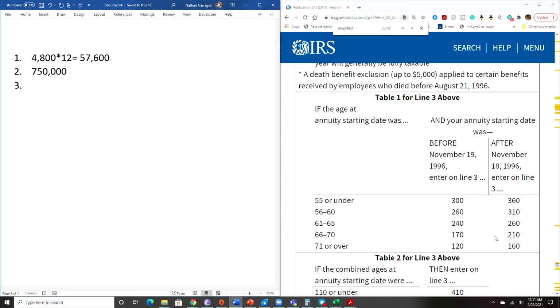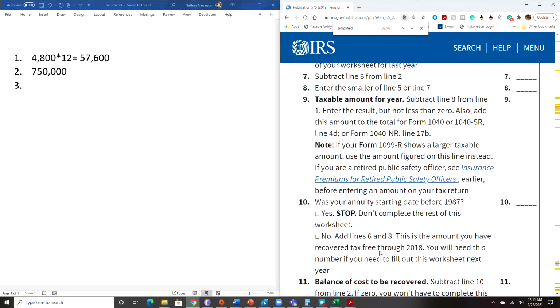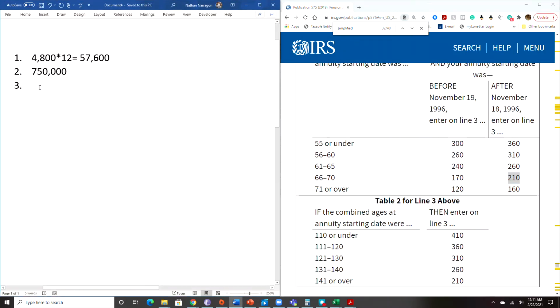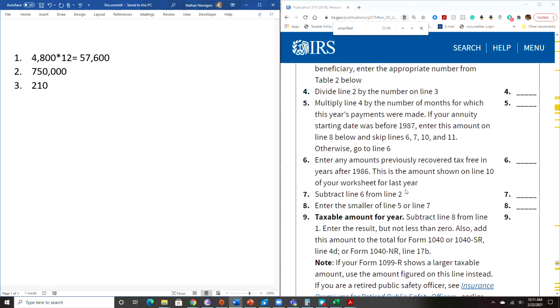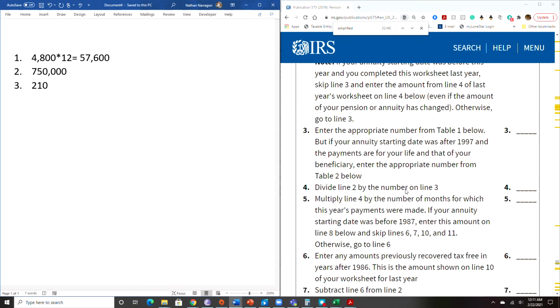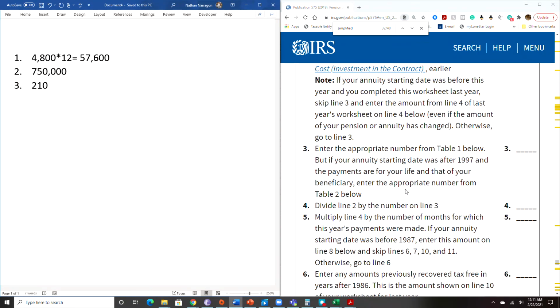So 66 through 70, so we're going to put 210. Because why not? We have to do an estimate on that because we weren't given his actual age, but we're going to assume that he's at proper retirement age.